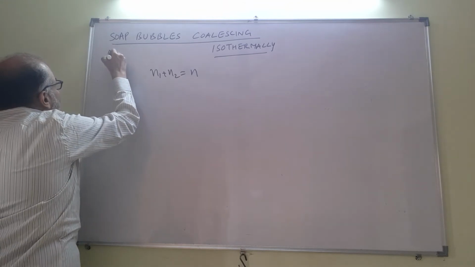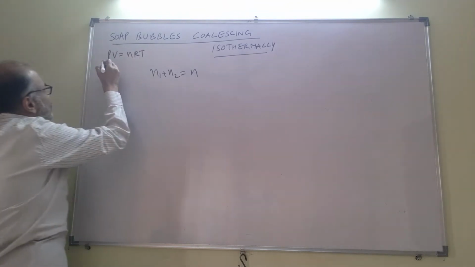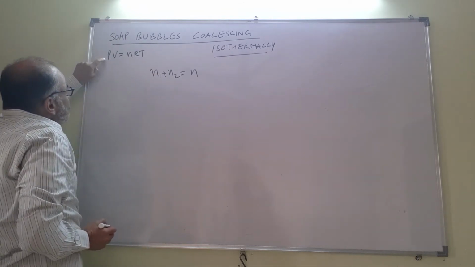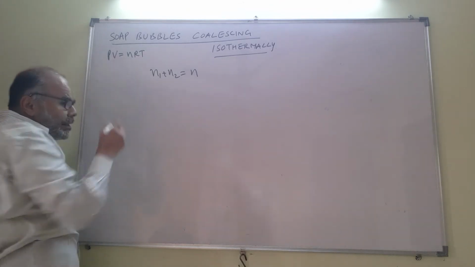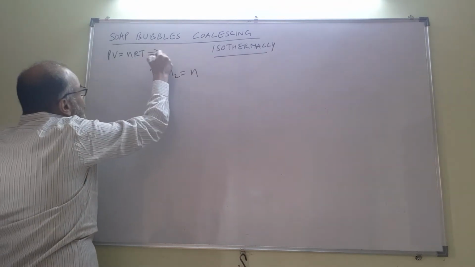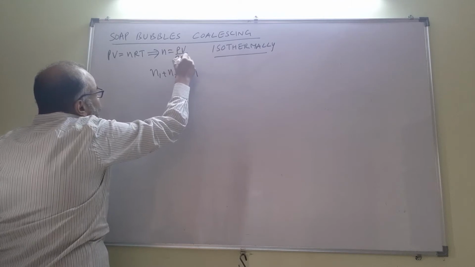The ideal gas equation is PV equal to nRT, where for us P will be the pressure inside the bubble. Therefore we can say n is equal to PV by RT.